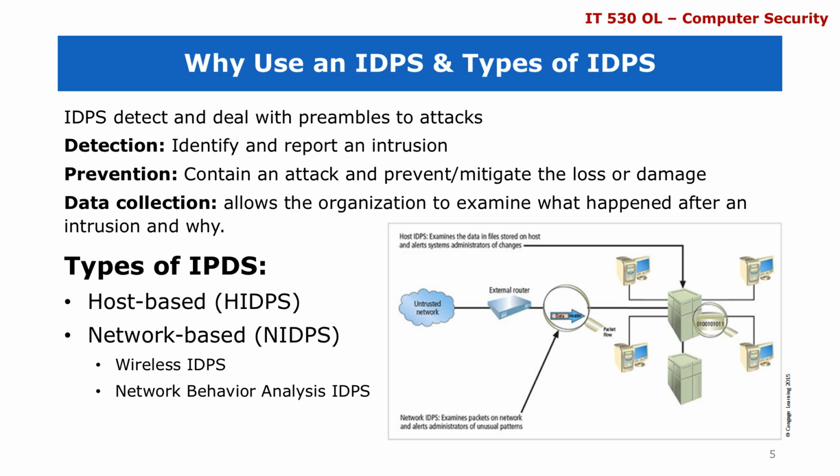In addition, IDS and IPS can be used to collect data, and that data allows the organization to examine what happened after an intrusion and why it happened, where it happened, what the source is, and things like that. What's the motivation?